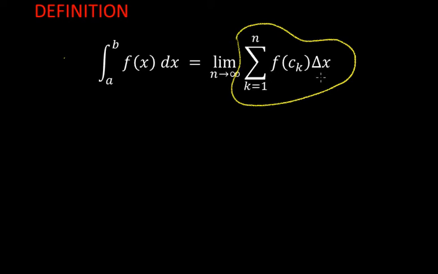The interval AB has been partitioned into n subintervals, and over each one of those subintervals, k equals 1 is the first one, k equals 2 is the second one, k equals 3 is the third one, we're picking a sample point and evaluating the function at that sample point and multiplying by delta x. And you remember delta x is the width of the interval, b minus a, divided by n, the number of subintervals.